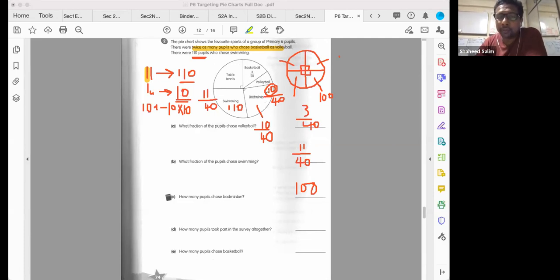So 10 units, how many pupils? 10 times 10, 100 pupils. 100 pupils for 1/4. How many quarters are there inside the circle? 2 quarters, 3 quarters, 4 quarters. Each of these is 100. Not 200. 400. 100, 200, 300, 400.